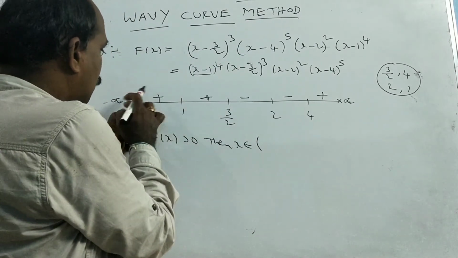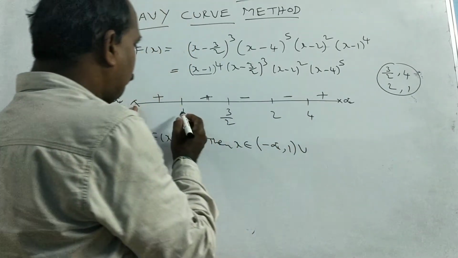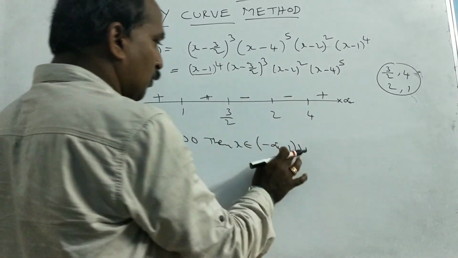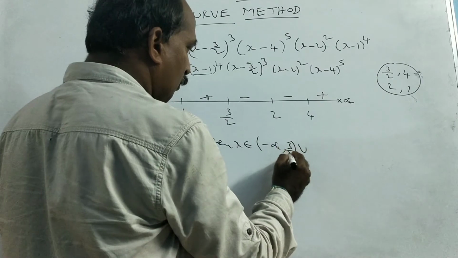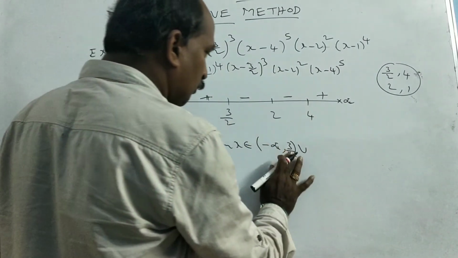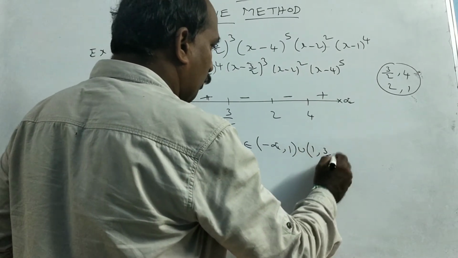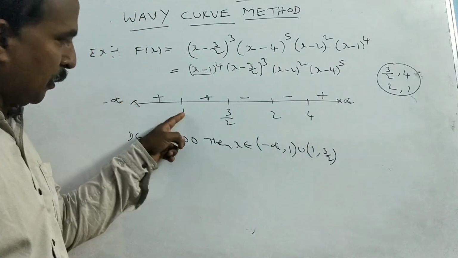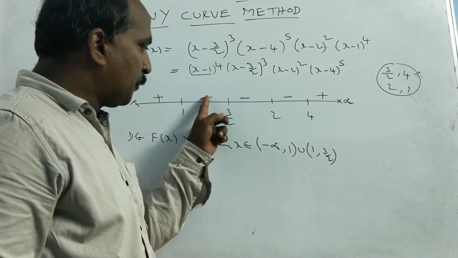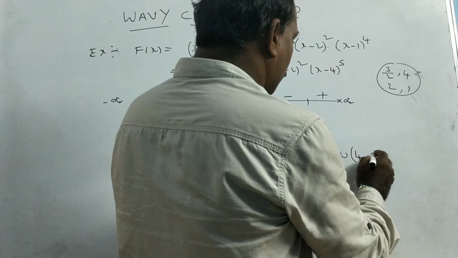This interval contains positive sign, minus infinity to 1, union 1 to 3 by 2. Take minus infinity to 1 open interval, union 1 to 3 by 2 open interval. Minus infinity to 1 contains positive sign, and 1 to 3 by 2 also contains positive sign, and 4 to infinity contains positive sign, union 4 to infinity.